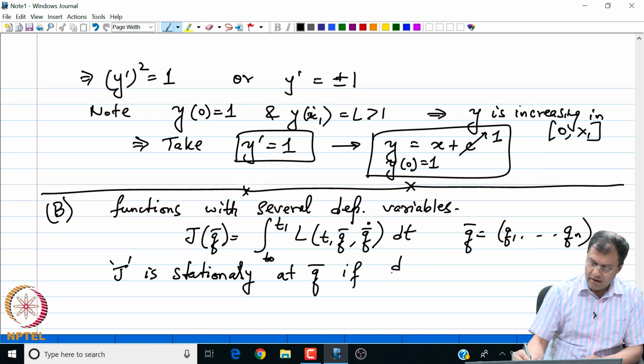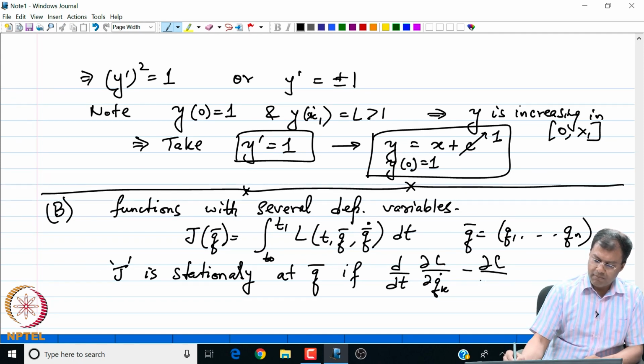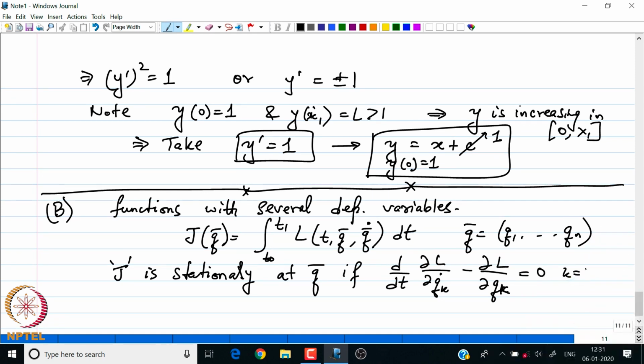If I have this following ODE being satisfied, partial L partial q_k minus d/dt of partial L partial q_k dot is equal to 0 for k equal to 1 to n, and for variable endpoints we must have the variable endpoint condition, the summation of p_k delta q_k minus H delta t.